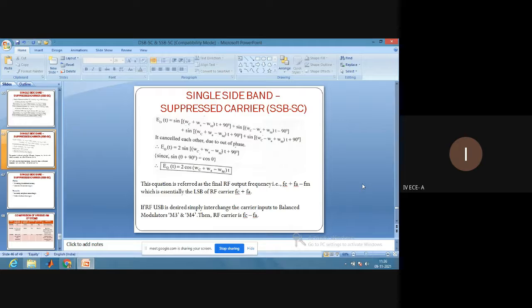So finally we get E0(t) = 2 cos(ωc + ωa − ωm)t. This equation is referred to as the final RF output frequency, that is fc + fa − fm, which is the SSB of the RF carrier, fc + fa. If USB is desired, simply interchange the carrier inputs to balanced modulators M3 and M4. Then the RF is fc − fa.